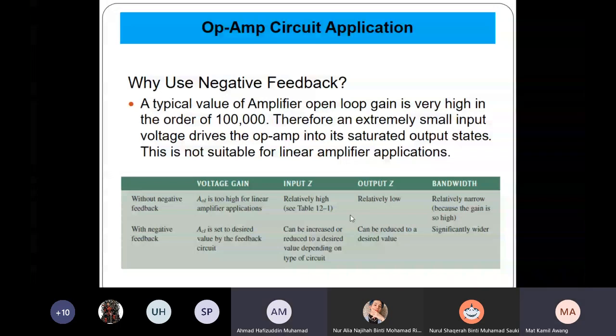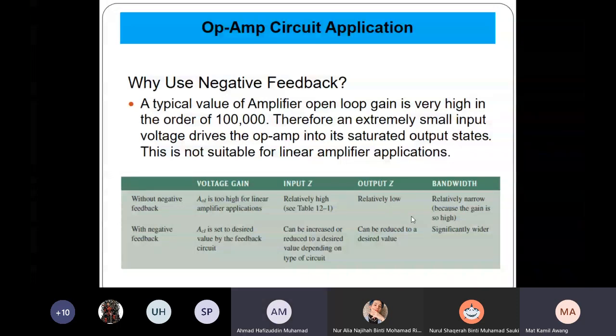Look at the comparison of the characteristics of an op-amp without negative feedback and with negative feedback.